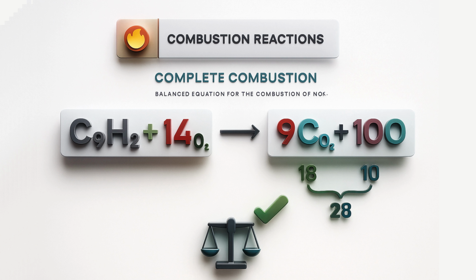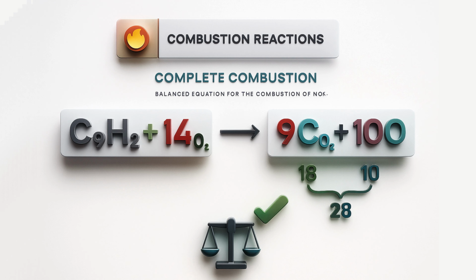Example 2. The complete combustion of nonane, which has the formula C9H20. We begin again by writing the unbalanced equation, C9H20 plus O2 gives CO2 plus H2O. Since there are 9 carbon atoms, we will need 9 CO2 molecules. With 20 hydrogen atoms, we will need 10 H2O molecules.